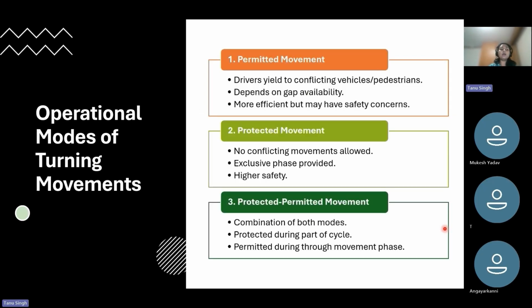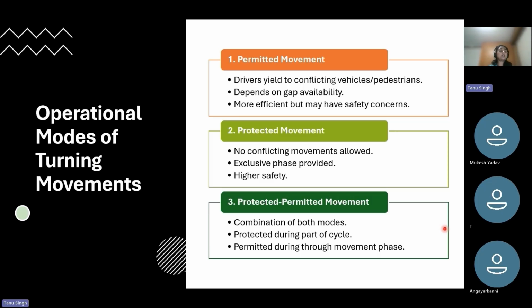Now coming to the operational modes of turning movements. There are three types of turning operations. First is the permitted movement. In this case, the turning vehicle must yield to conflicting vehicles or pedestrians. Its efficiency depends upon gap availability. The second is the protected movement.